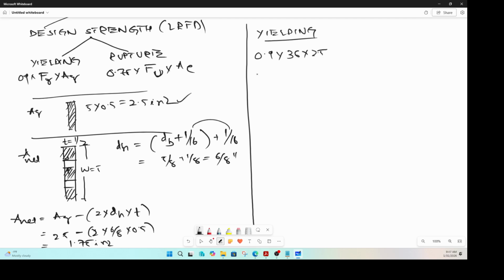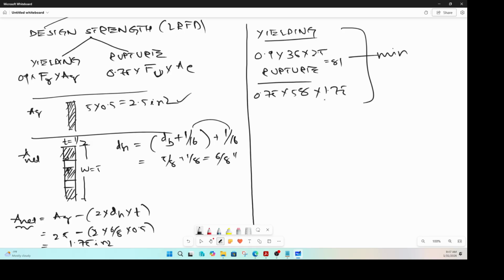And then rupture, what you do, you take your 0.75 and Fu, which is 58, then your A net, which is 1.75. So the minimum of these two things is your strength. So this one is roughly 81 and that one is 76.125. So this fellow controls.